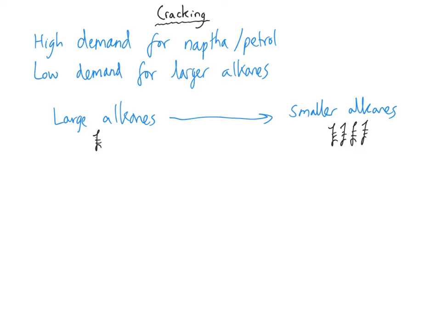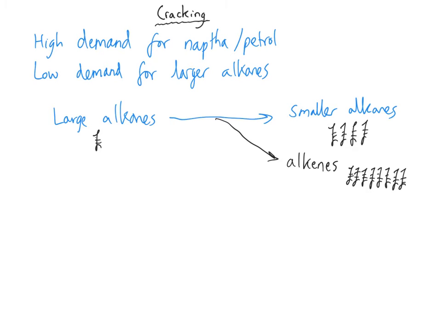Even better than having the smaller alkanes that are worth more money is that another product of cracking is the alkenes, which we're not going to get into too much about today, but alkenes are worth lots and lots and lots of money. And so we've gone from something that's worth a bit of money, and we've turned it into something that's worth more money and a little bit of something that is worth a great amount of money.